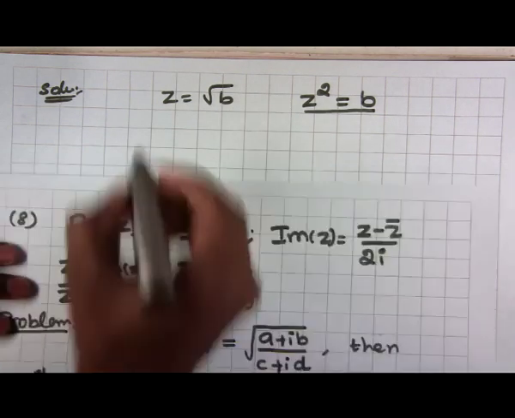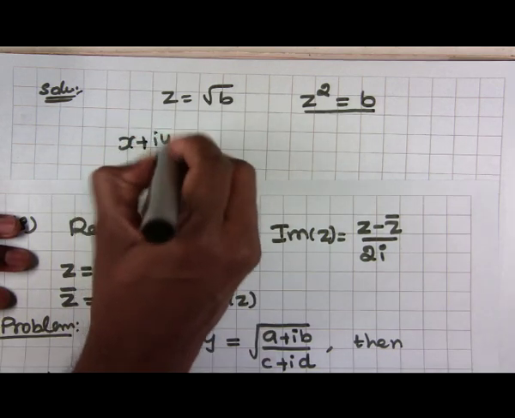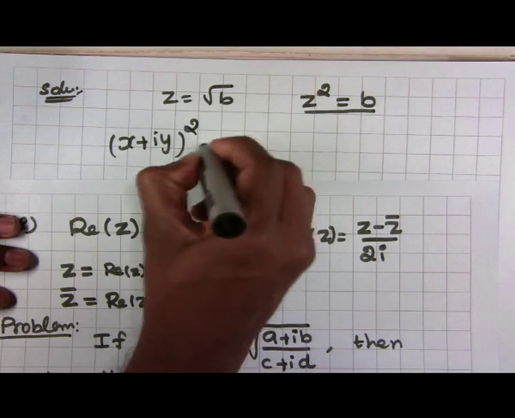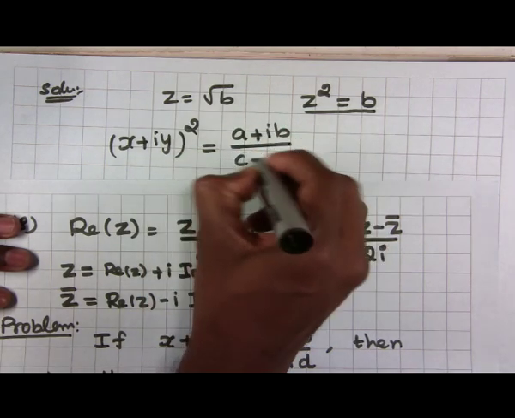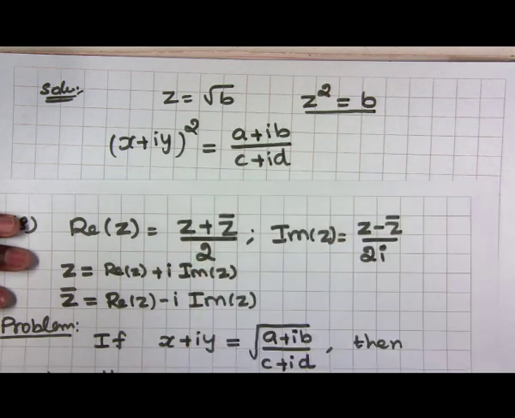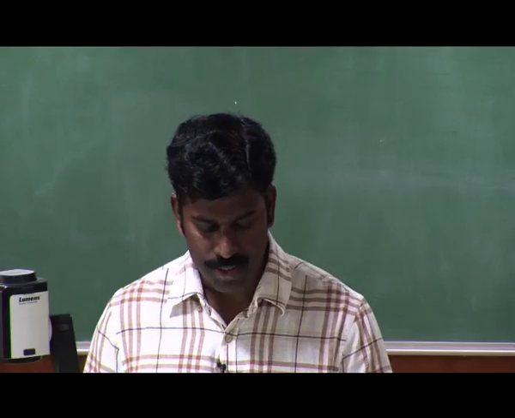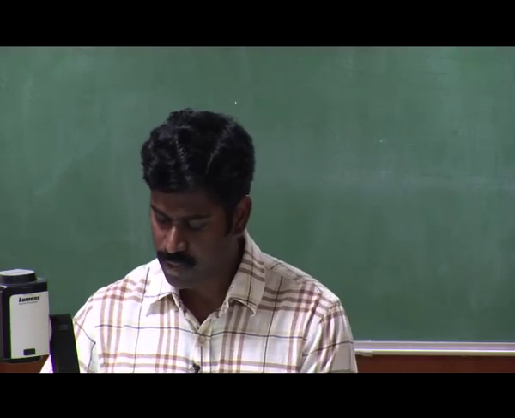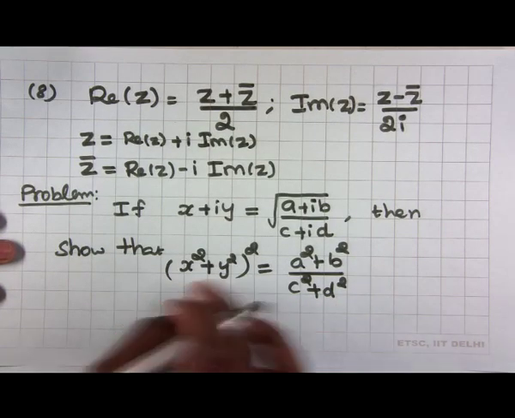So, by the given assumption, x plus i y the whole square must be equal to a plus i b divided by c plus i d. Now, if you see the identity, there are no complex values involved; finally it is a real number equal to this factor.